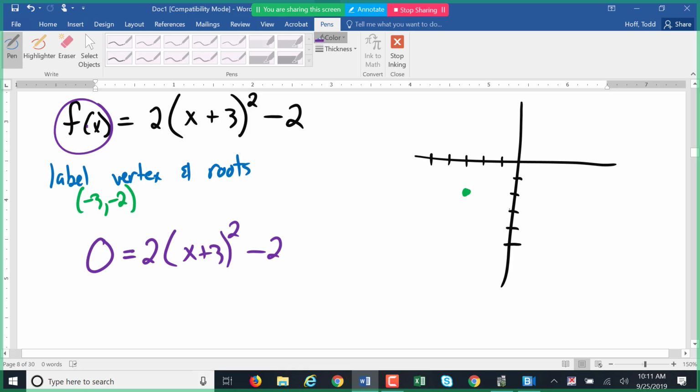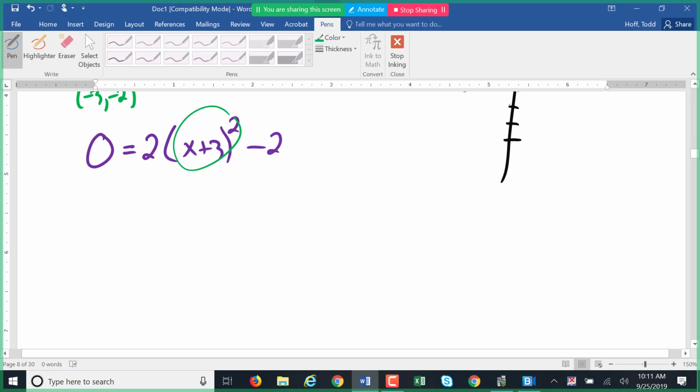So we're going to start out by doing the (x + 3)². I'm going to keep the 2 outside the parentheses. Inside the parentheses, I'm going to square the x + 3. That's x² + 6x + 9. Remember, x squared is x squared. x times 3 is 3x, times 2 is 6x. 3 squared is 9. And there's the -2 out there.